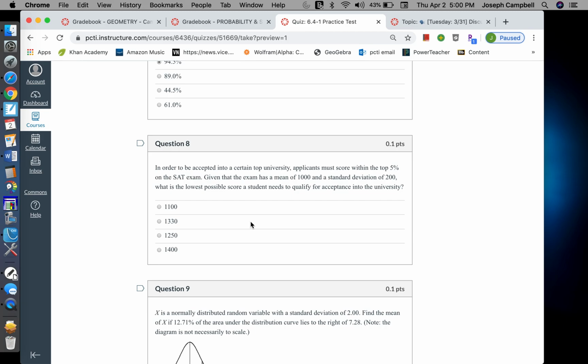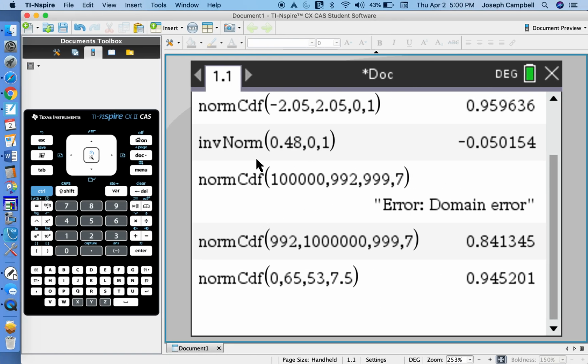In order to be accepted into a certain top university, applicants must score within the top 5% of the SAT exam. Given the exam has a mean of 1,000 and a standard deviation of 200, what's the score that corresponds? It's inverse normal. So we're looking for area to the right, which will be 0.05.